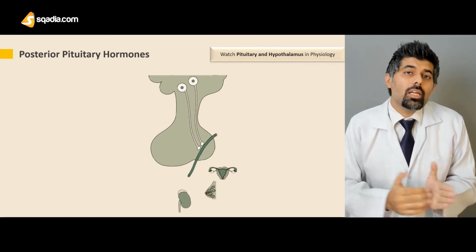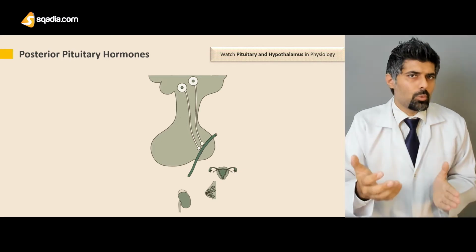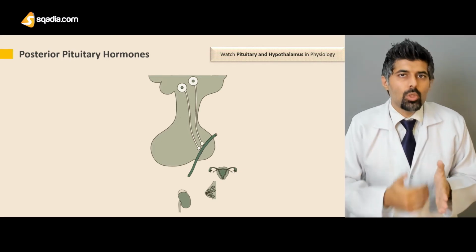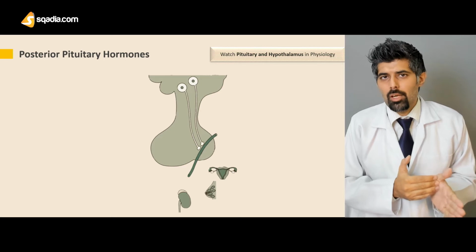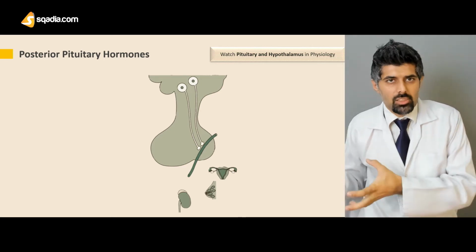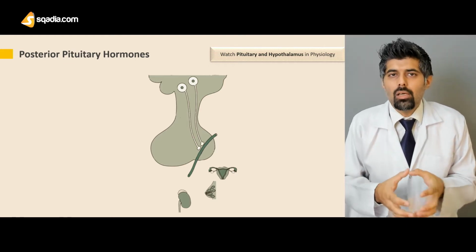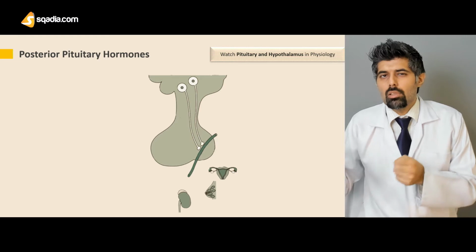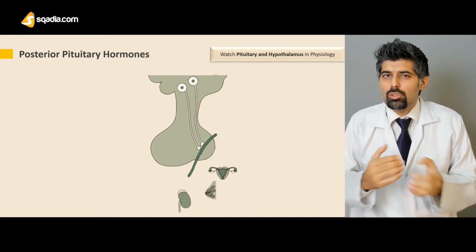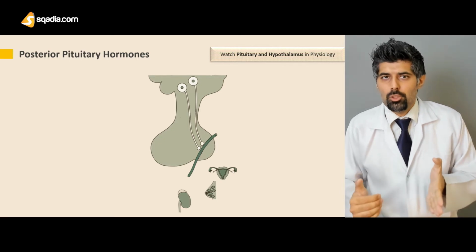Embryologically speaking, it is formed by the invagination of the third ventricle floor into the anterior pituitary area. So it is basically part of the diencephalon. So the forebrain has similar tissue and functions relating to the posterior pituitary.